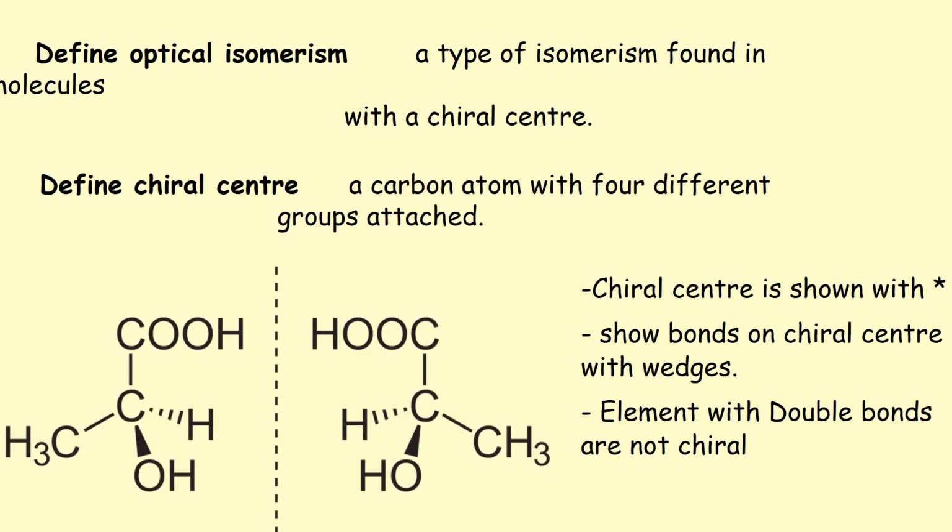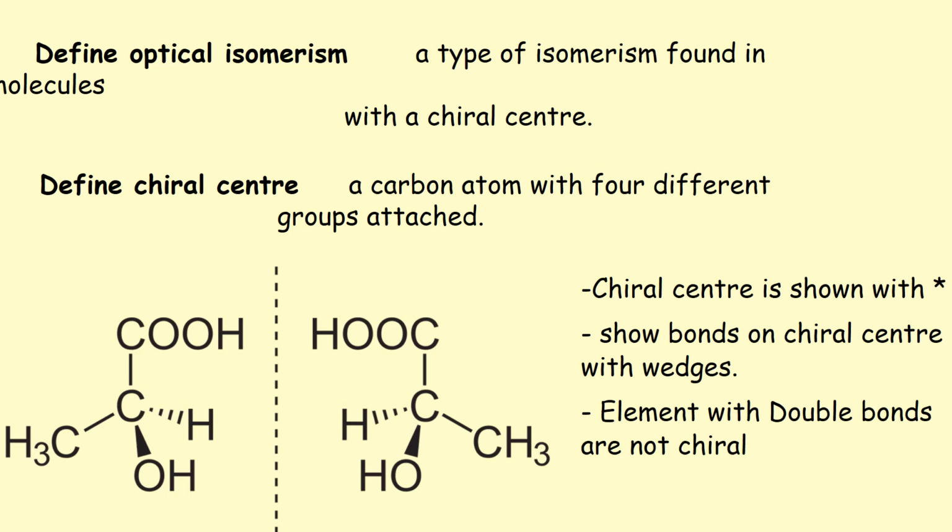Optical isomerism is a type of isomerism found in molecules with a chiral center. So, what does a chiral center mean? A chiral center is a carbon atom with 4 different groups attached. And what these do is that they form mirror images of each other.